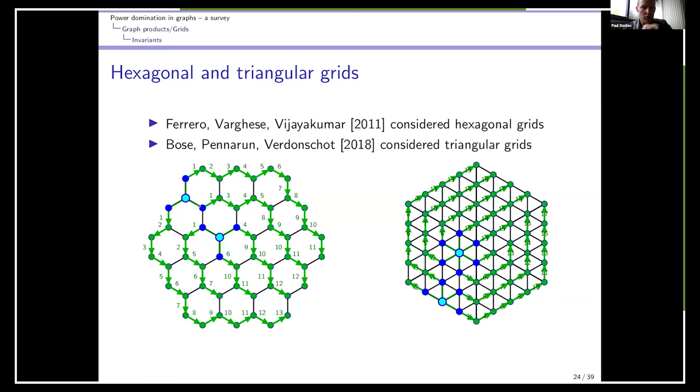With these 2, you need 13 steps of propagation to dominate this whole honeycomb mesh. You have to check that you power dominate everything, but you also have to check that there are no smaller sets. That makes the problem quite hard.